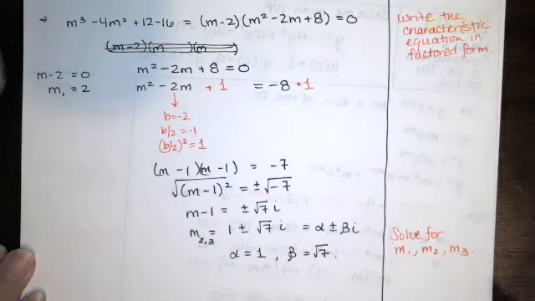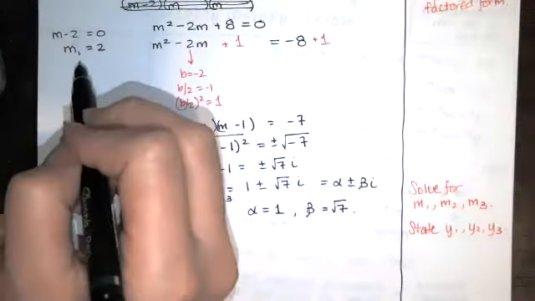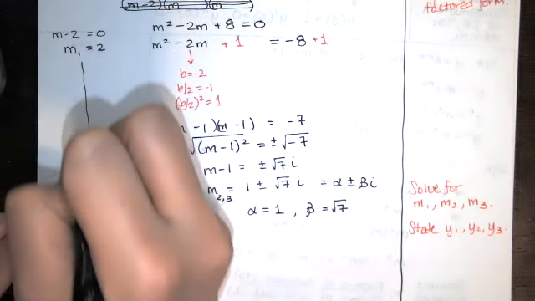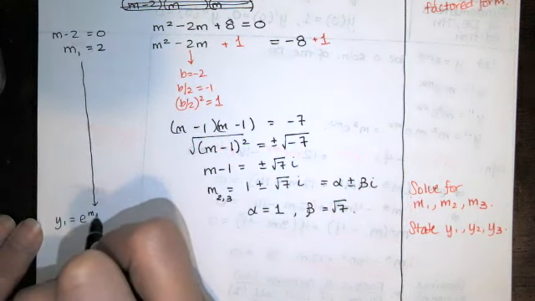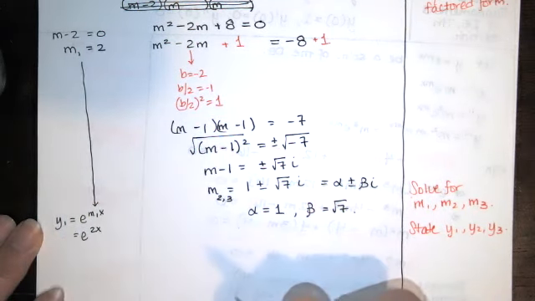And then once you have m1, m2, and m3, you can state y1, y2, and y3. So m1, that's just a distinct real root. So the solution that goes with that is e to the m1x. So it's e to the 2x.